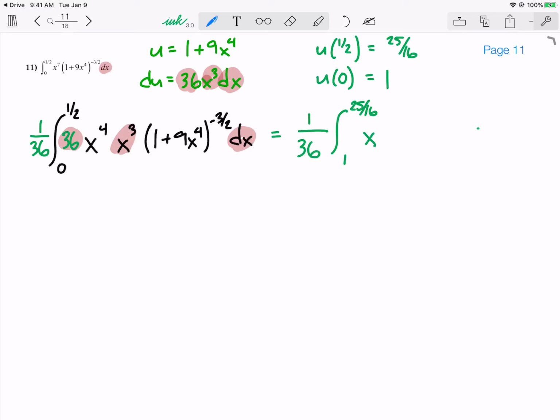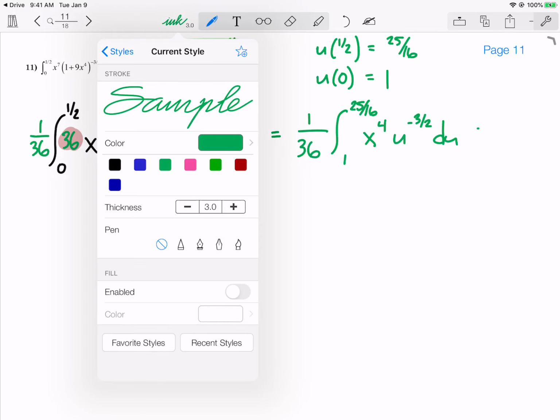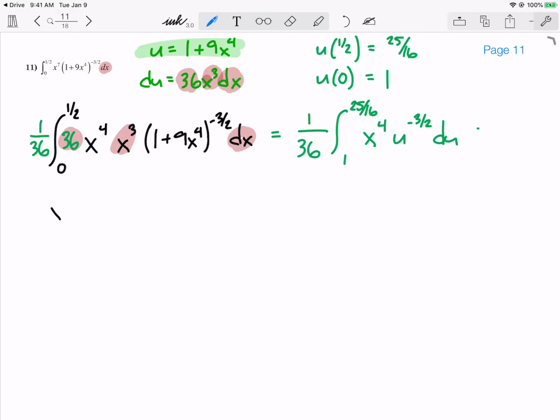So now I've still got this x to the 4th, but then I've got u to the negative 3/2 du. So how on earth do I get rid of the x to the 4th? Well, I've got to look back at my original statement, and solve my u for x to the 4th. So if I do that, I've got x to the 4th equals u minus 1 over 9.